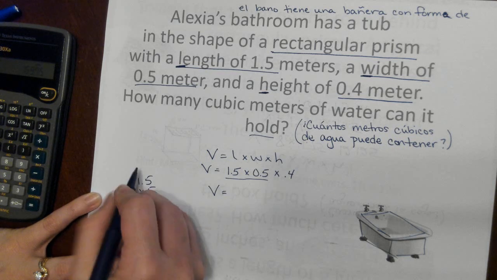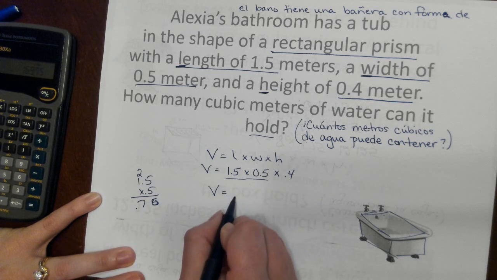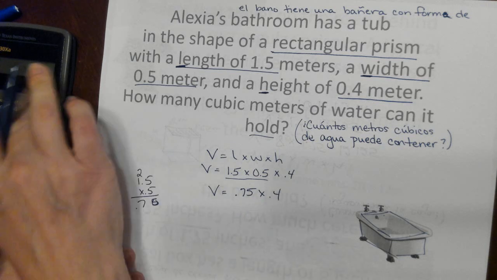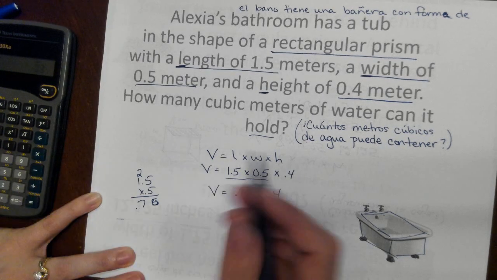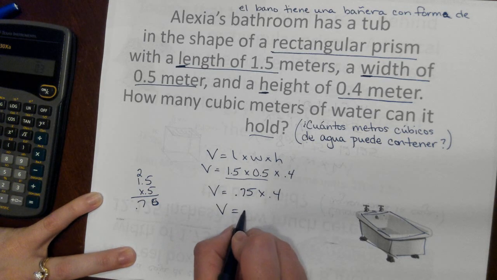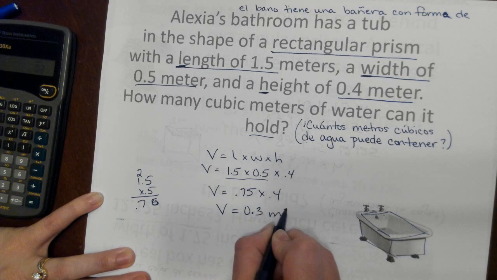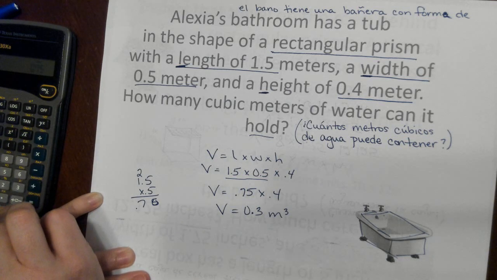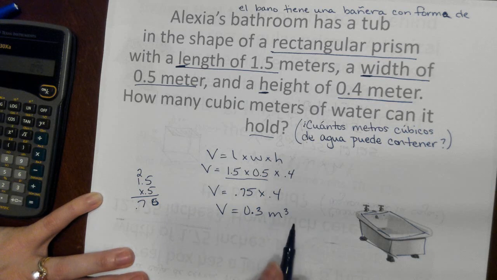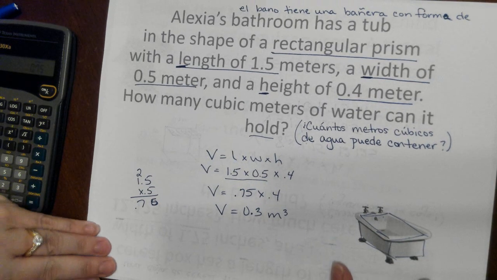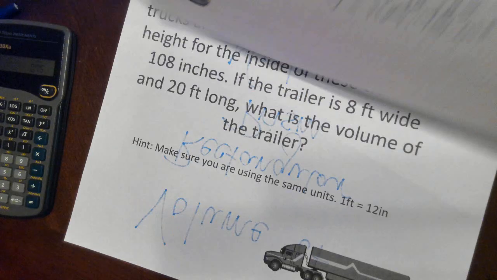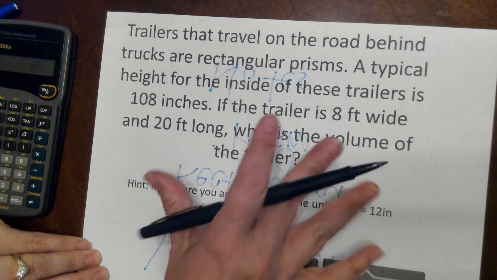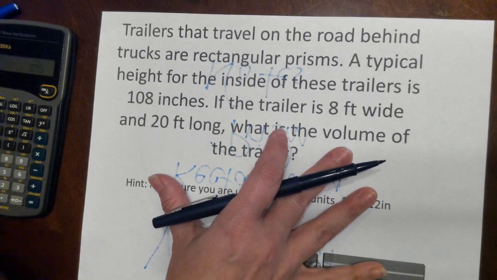Oops, it's a .5. Times 4/10. I should double check on my work. Is 3/10 of a meter cubed. I'm not sure if that's a lot of water or not. So we'll save this one for another day just because it's a little bit more challenging.